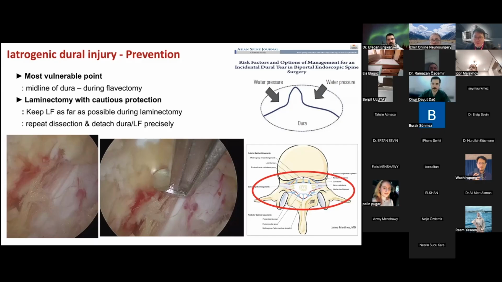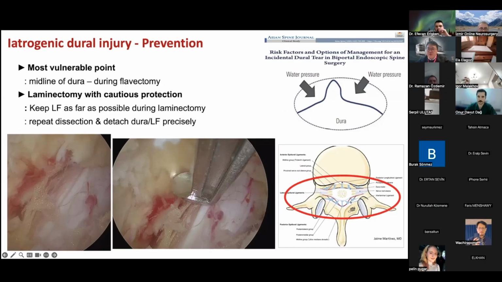So if we do a procedure underwater, the water pressure could gently push the dura down, but the point here at the midline is still attached to the ligamentum flavum through this ligament. So this raised point, the dural fold, is where you can easily make a dural injury.